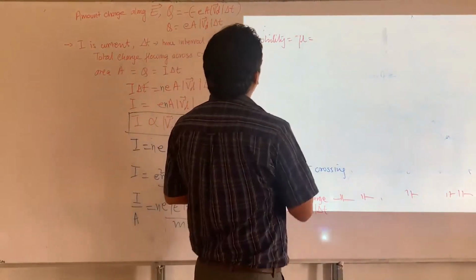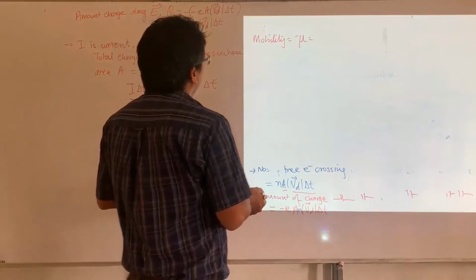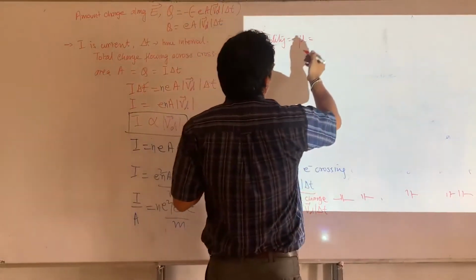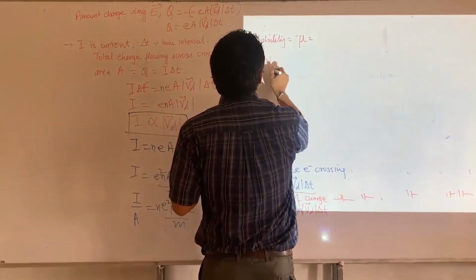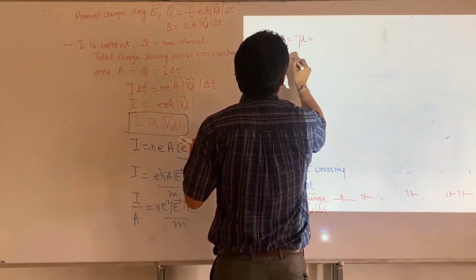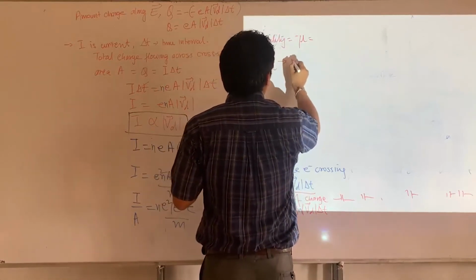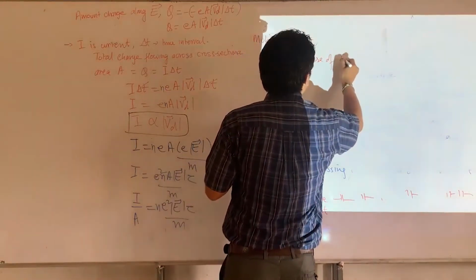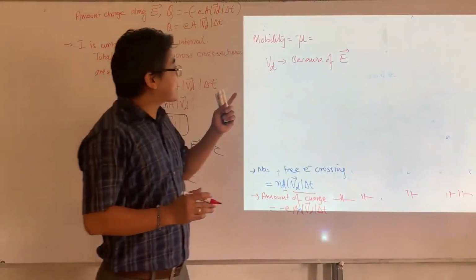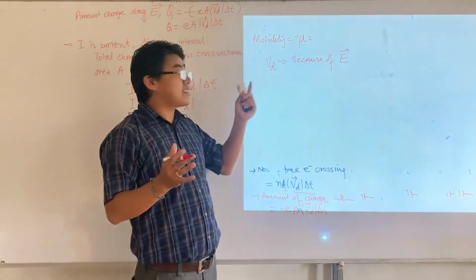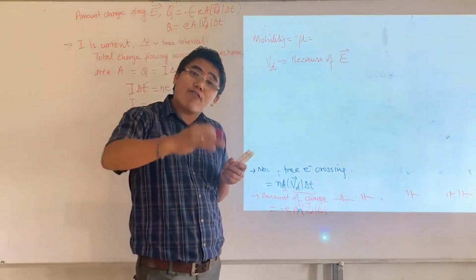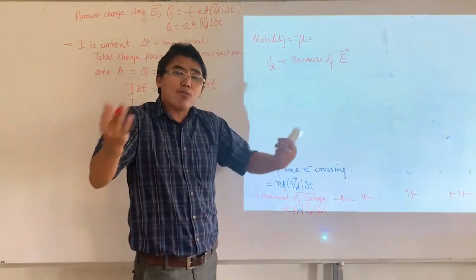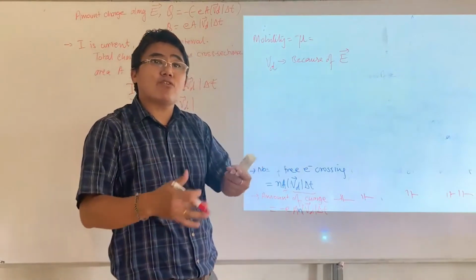When we talk about mobility, look here. Drift velocity is a movement because of the applied electric field. The external agent is the electric field. Now we have to remove that external agency. How to remove external agents in physics or mathematics?